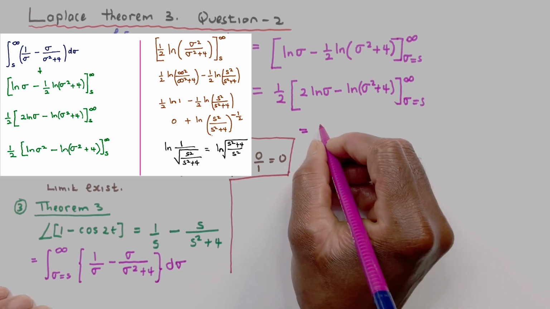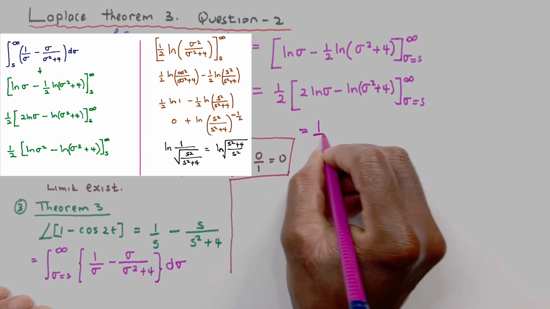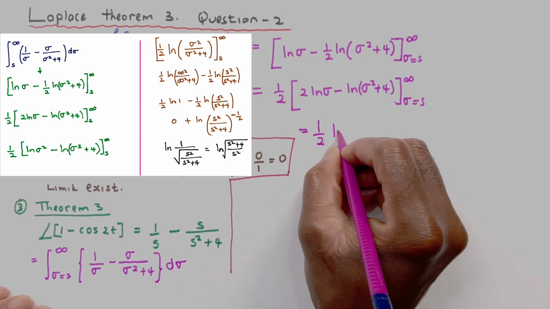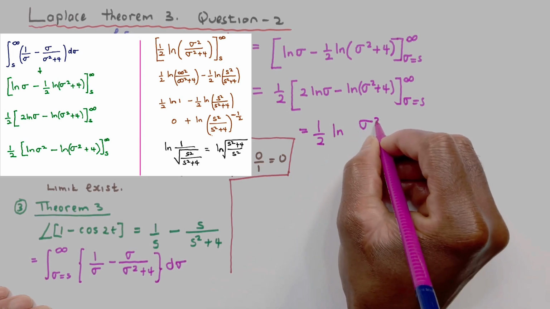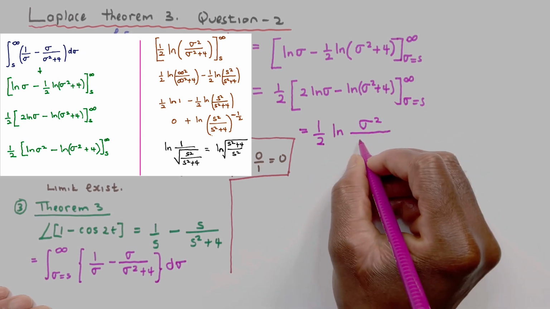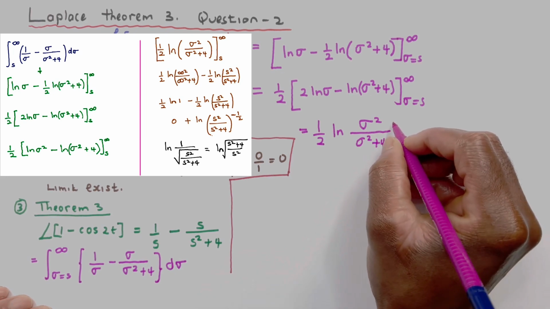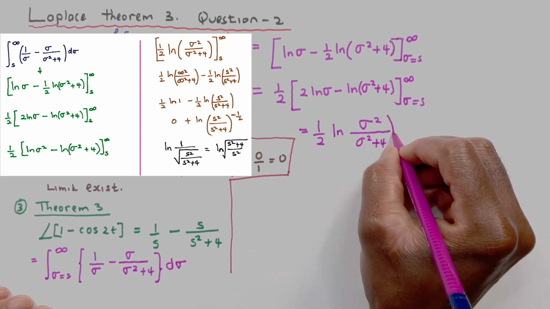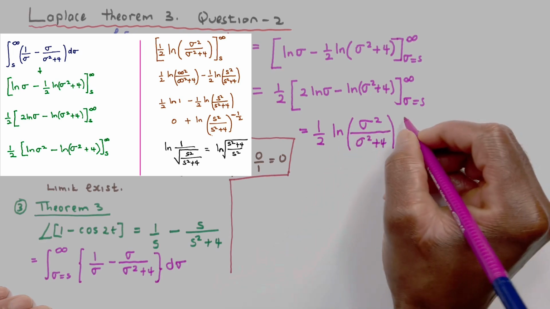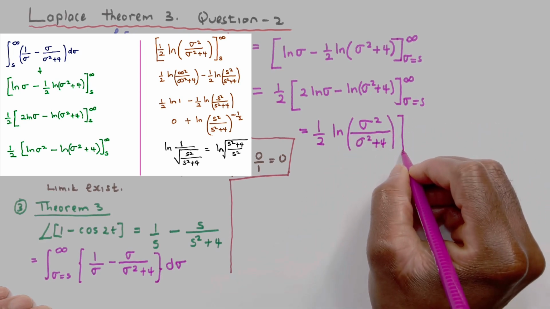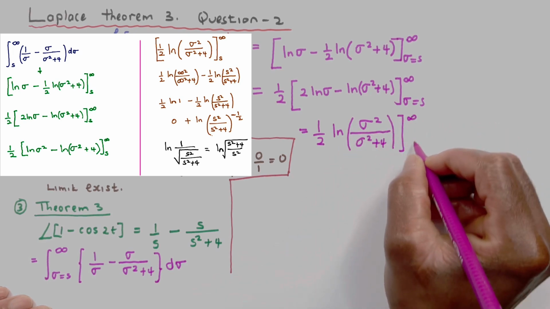And we have the half. The 2 goes to sigma squared, so sigma squared over, because of minus, sigma squared plus 4, using the logarithm rule, the boundary sigma equals to s to infinity.